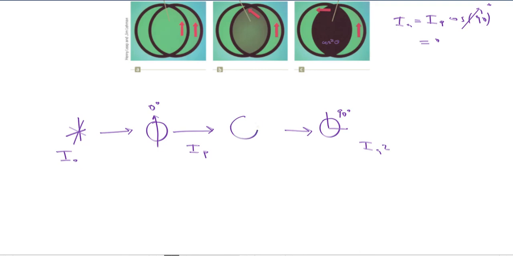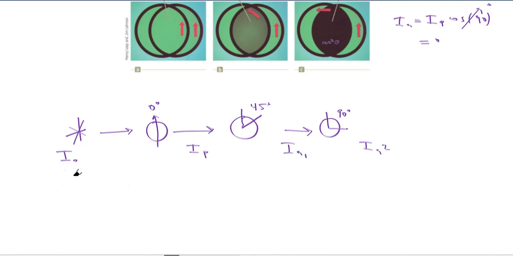Because already we have two crossed polarizers, and we showed that the intensity of the light coming out of the analyzer is 0 because it's perpendicular to this vector. But if we stick in another one that's maybe at 45 degrees, let's see what happens now.